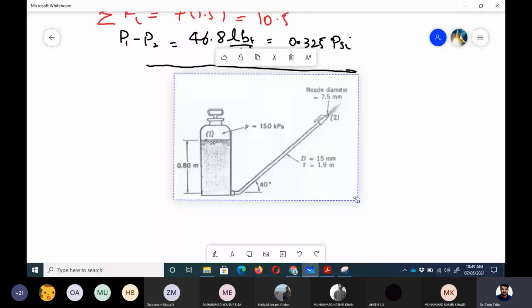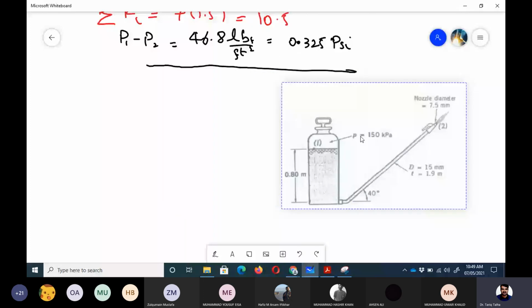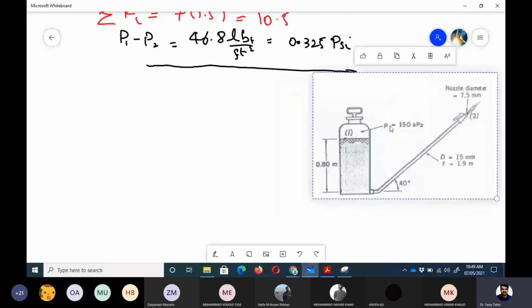Okay, so now again writing the energy equation.